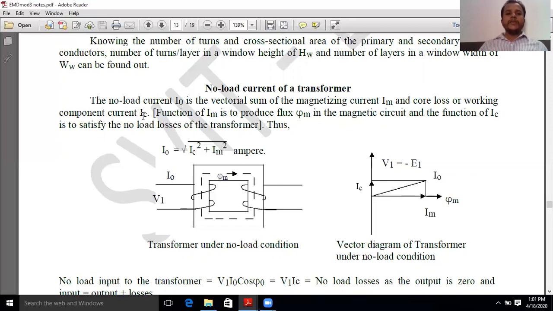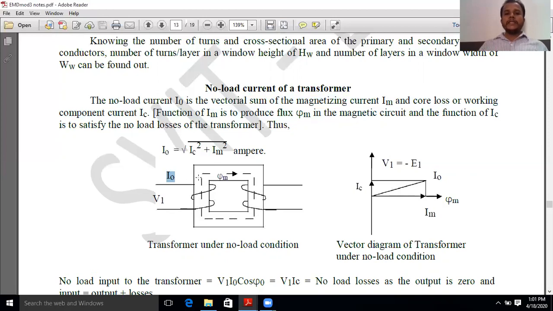Now the no load current I naught is the vector sum of the magnetizing current IM and the core loss or working component current IC. So this I naught, which is due to the source, has two components: IM and IC.